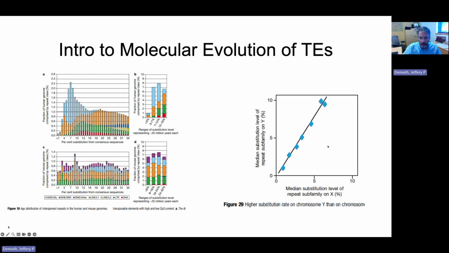They found that by looking at transposable element families on the X chromosome and Y chromosome that had invaded at the same time, and they saw that the Y chromosome transposons were diverging from each other at a much faster rate. That suggested there must be some mutational input difference between males and females.